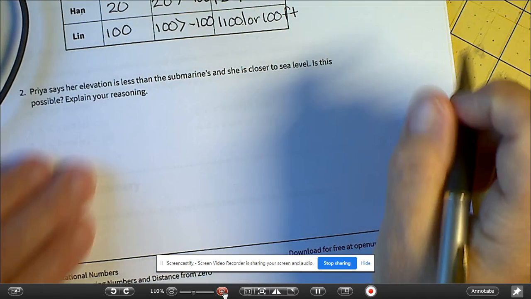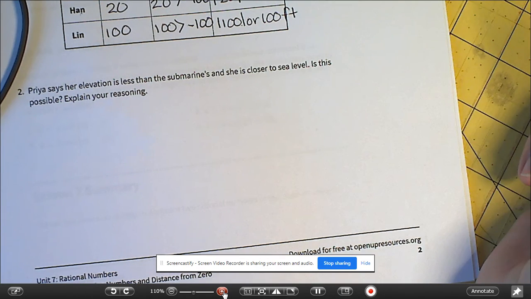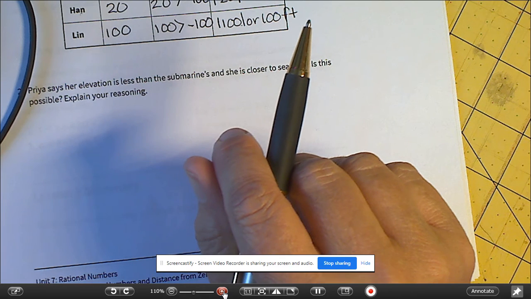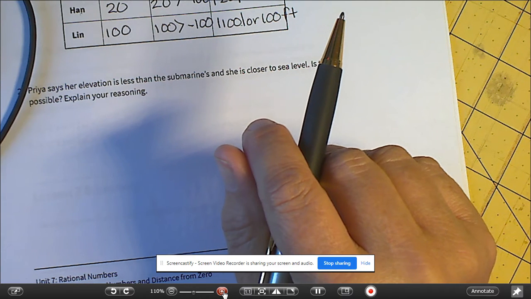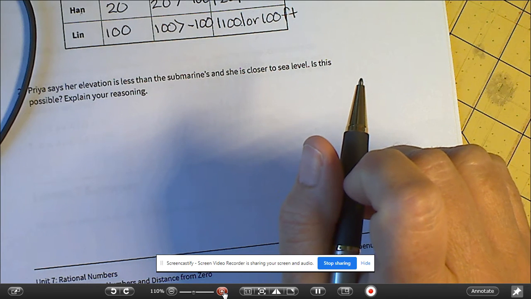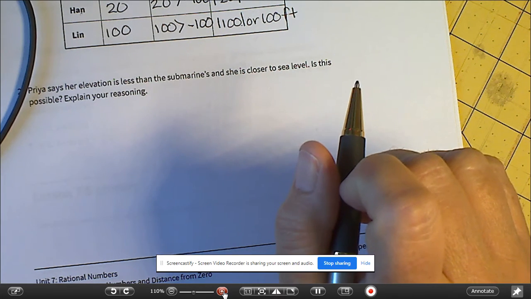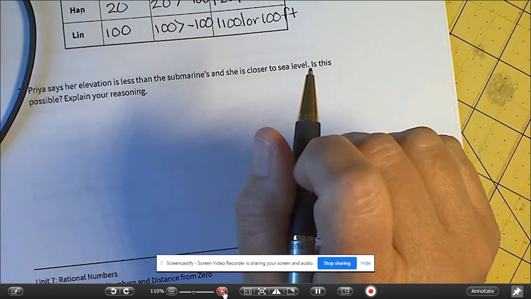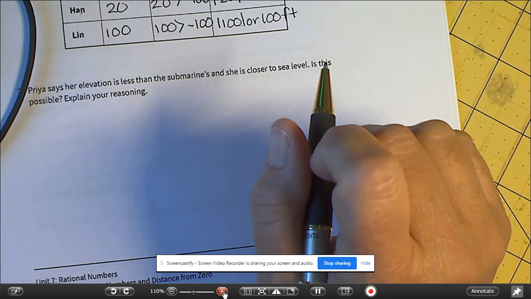Okay. Number 2, Priya says her elevation is less than the submarine's and that she is closer to sea level. Is this possible? And the answer would be Priya's description is impossible, because any elevation that is less than the elevation of the submarine is below the submarine and must be further away from sea level.